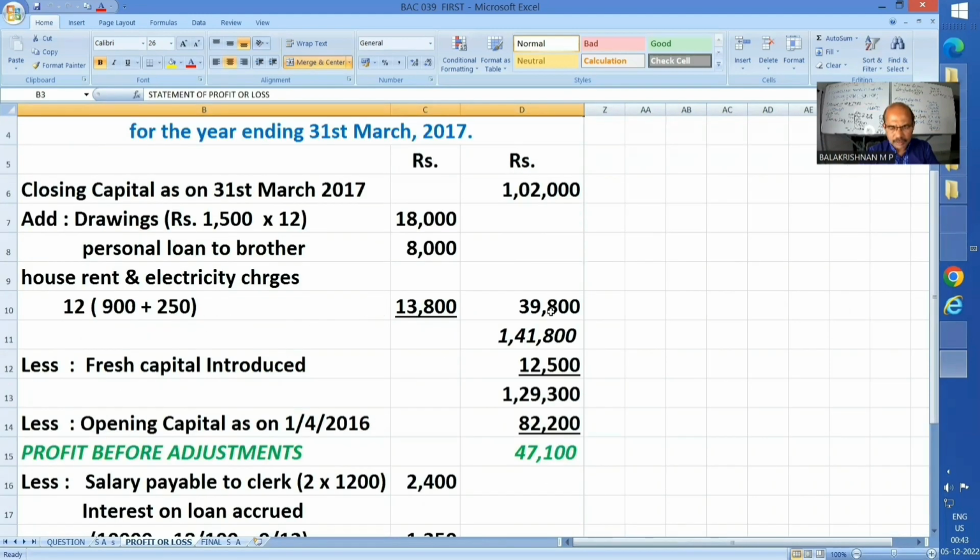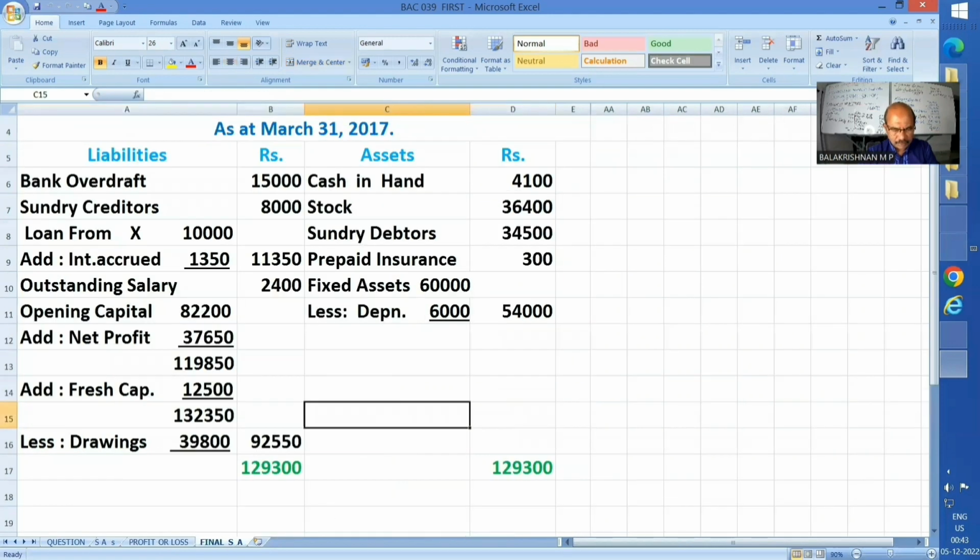So total is how much? 39,800. Okay. So that is taken here. So final capital after all this adjustment, 92,550, we will be showing in the outer column.